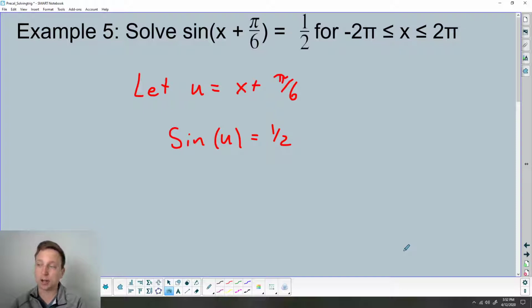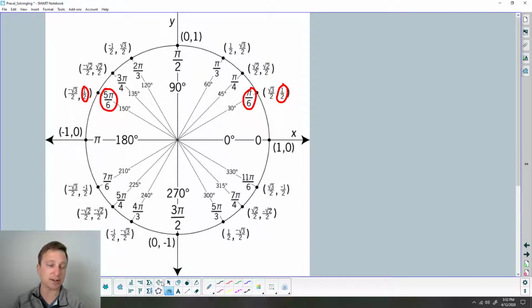Well, we've done this problem already. We've seen it a lot. Based on a unit circle, if we want to go from 0 to 2 pi, we can look at that unit circle. It looks like we've got them stated. Sine is equal to 1/2 at those values we just saw.